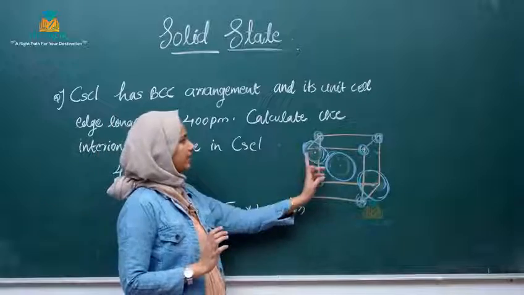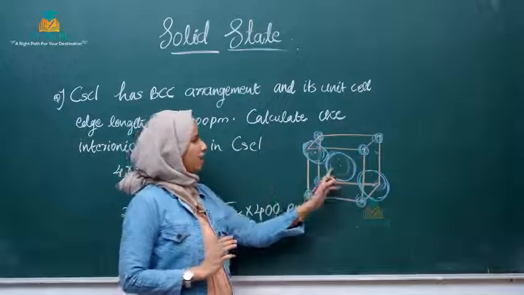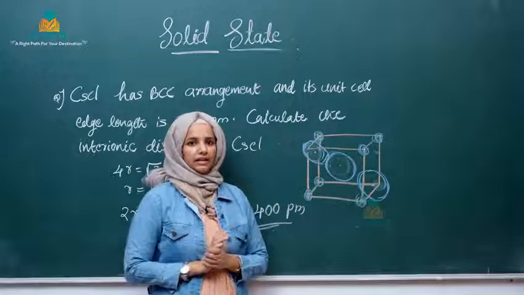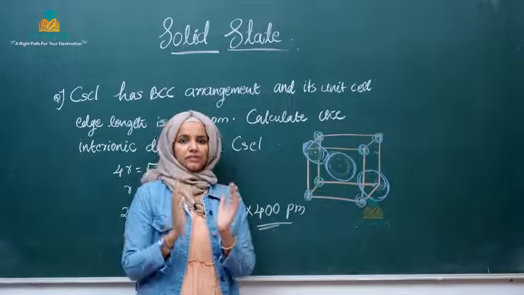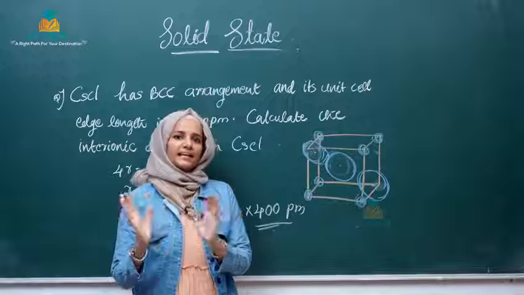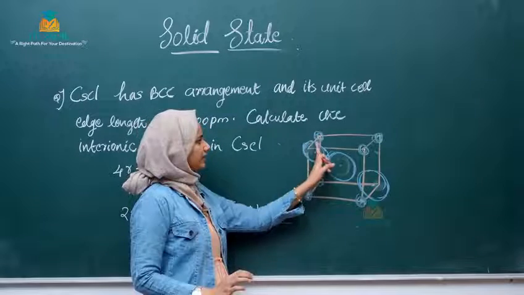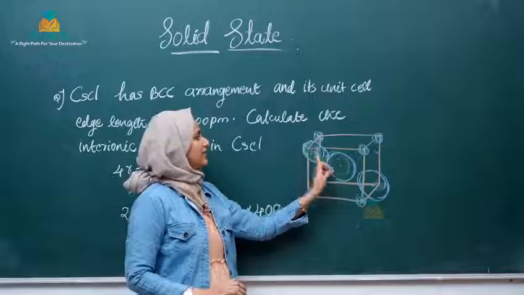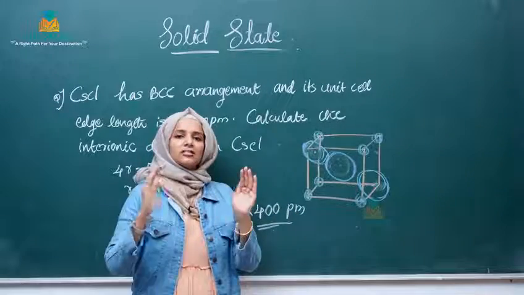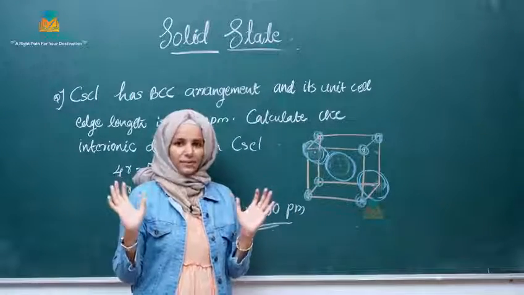The interionic distance means the distance between the cation and anion, the centers of the two ions.